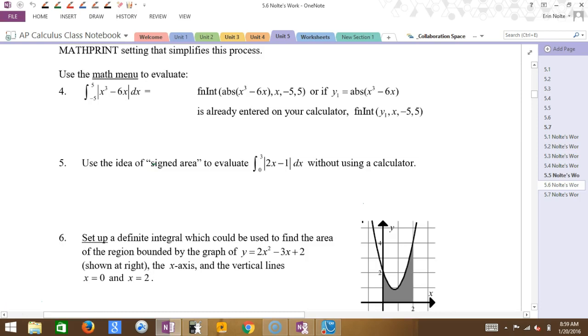Okay, so if I draw the absolute value of 2x minus 1, we know that 2x minus 1 is a linear function, and it crosses at -1. I'll just draw normal 2x minus 1.